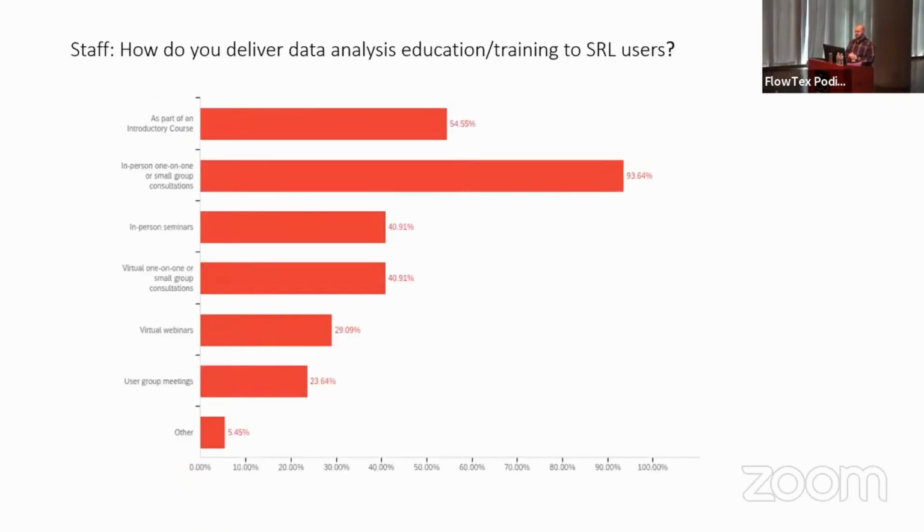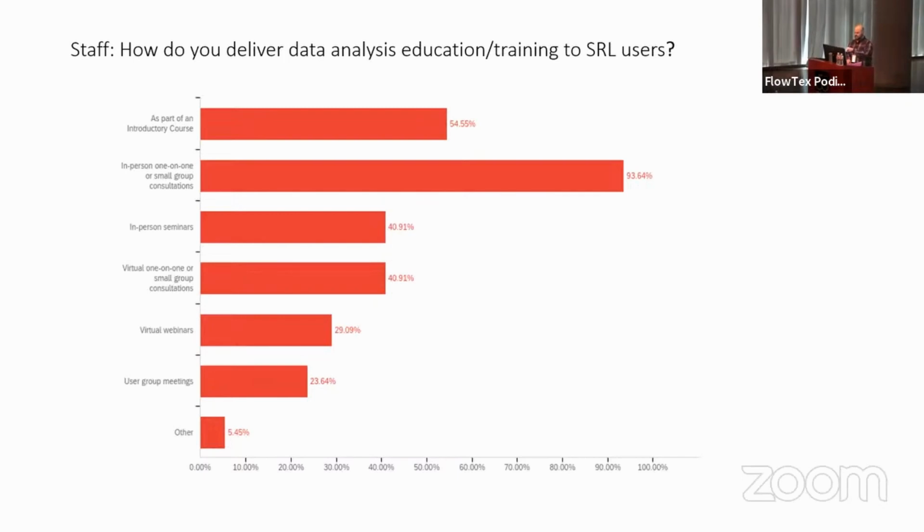We asked people how they deliver these education and training modules. Most do it as part of an introductory course, or I should say half do it as part of an introductory course. Sorry, this is specific to data analysis. Most of them do it as just one-on-one or small group consultations, right? So somebody comes to you, they've got some data, okay, I can help you. I think that's how most of these things occur.